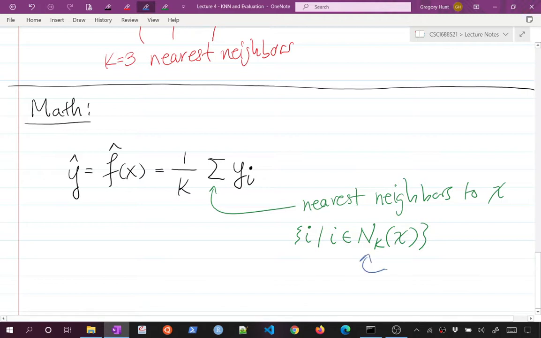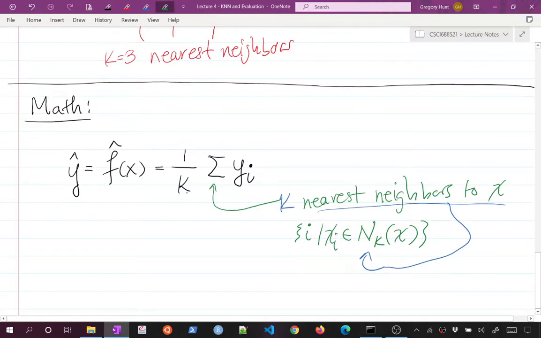This would be read as basically the k nearest neighbors to x. So you'll see this written sometimes. It's a little cumbersome to actually denote the set over which we sum, but we're summing the yi's over the set of i's such that the corresponding xi is one of the k nearest neighbors to x.